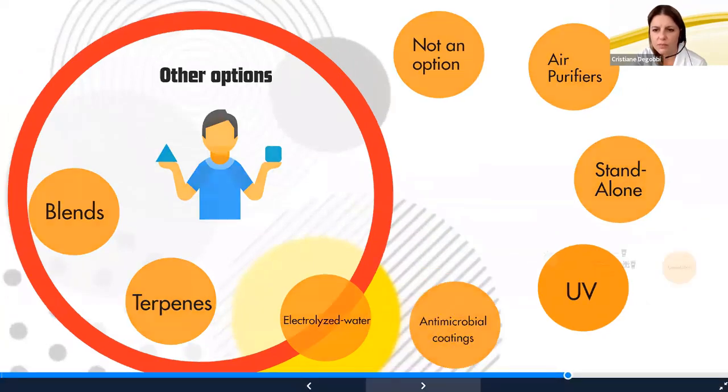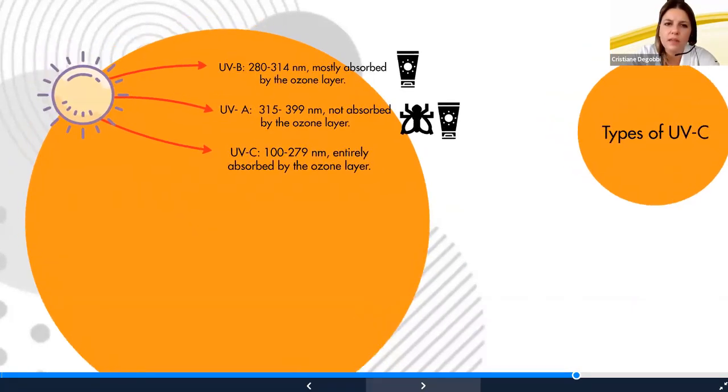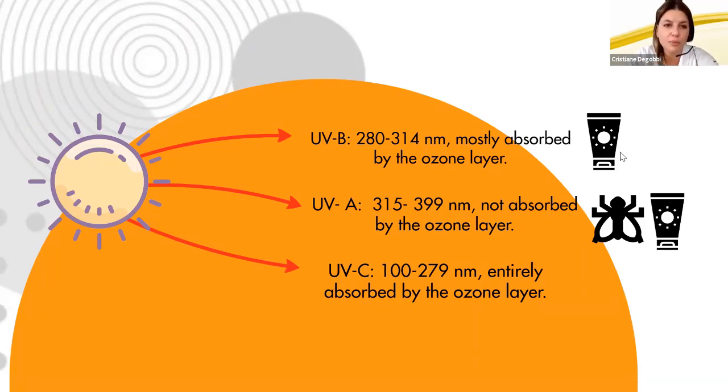I'm going to be talking about this later. UV. We do have the sunlight, of course, which will emit UV. UVB, UVA, and UVC. UVB is mostly absorbed by the ozone layer, but still you need to use sunscreen, sunblock, in order to prevent skin cancer, right?